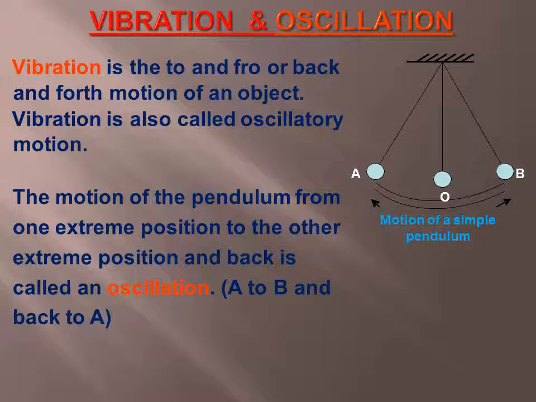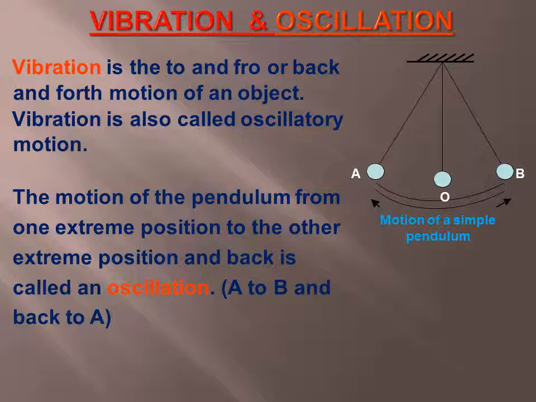The motion of the pendulum from one extreme position to the other extreme position and back is called an oscillation. That means it oscillates. So when this bob oscillates from point A to B, this causes vibration.